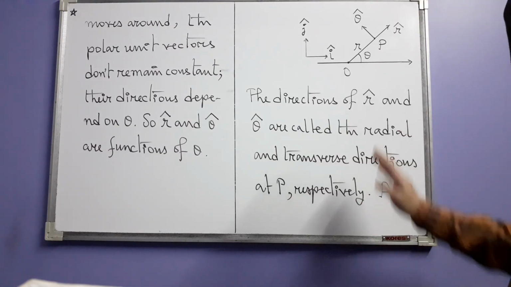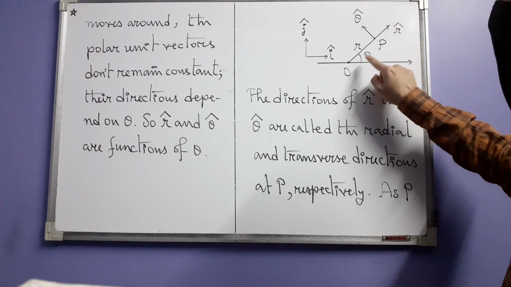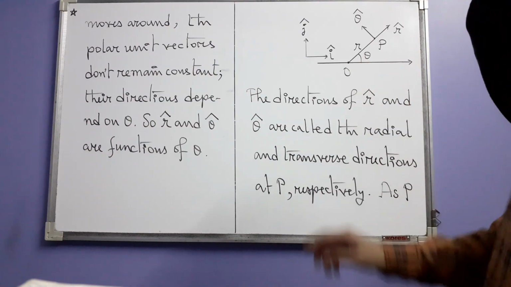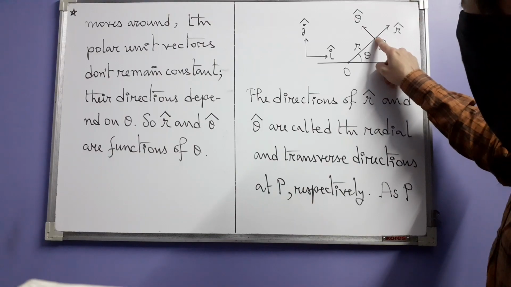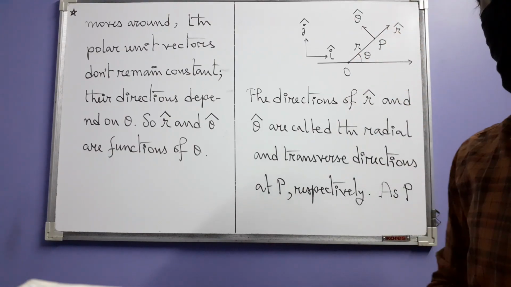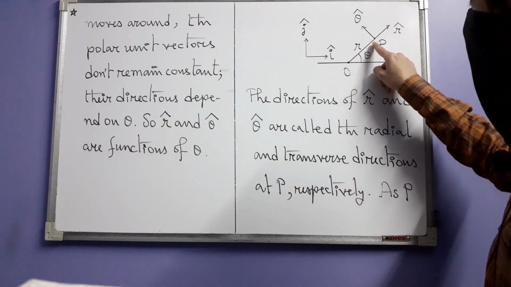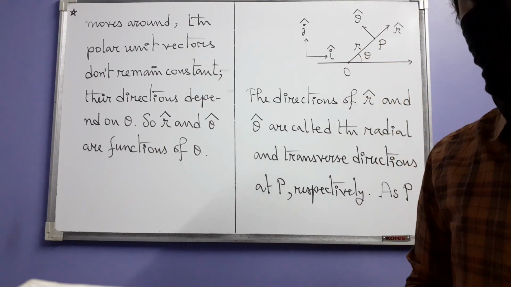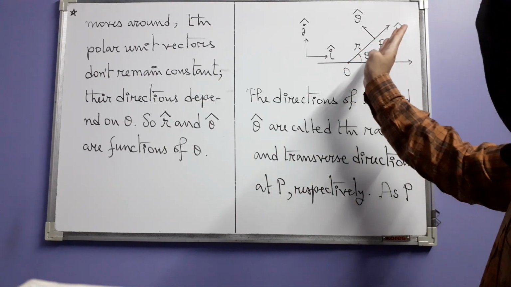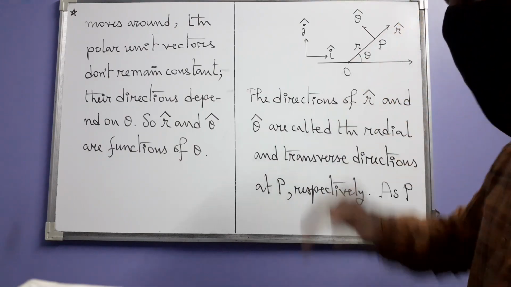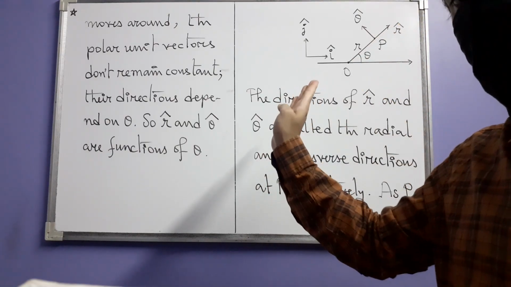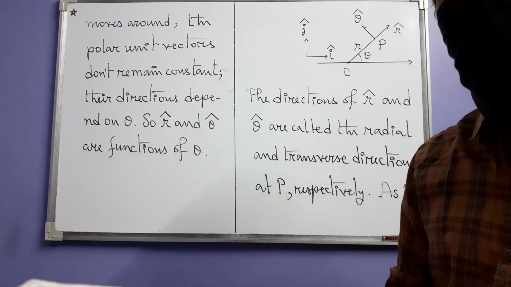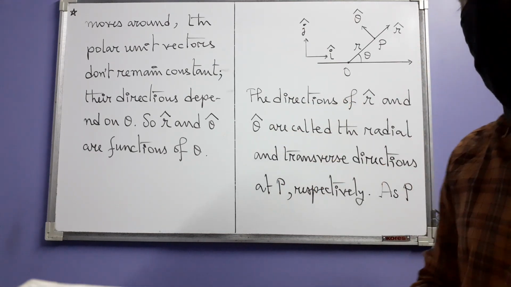To see how, imagine that your theta is fixed and you change r, which just means sliding the point P on this line. If you bring P closer to O, then your r will be smaller. But that does not really change the direction of r hat. r hat continues to point in that same direction, and because its magnitude is 1, it stays constant.